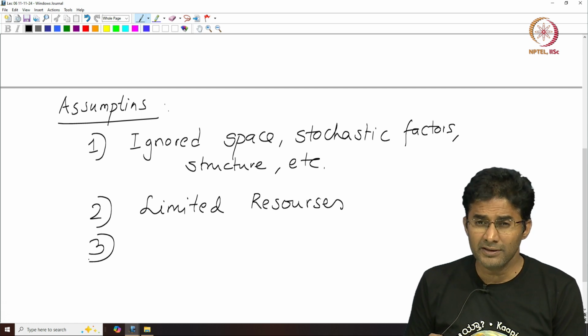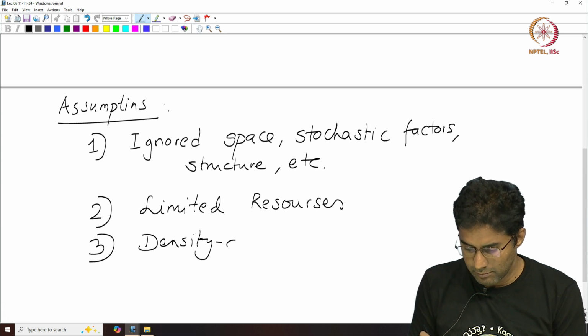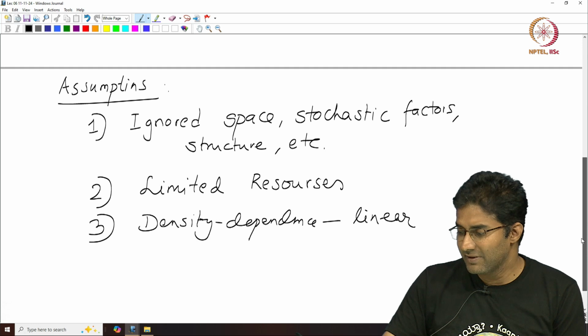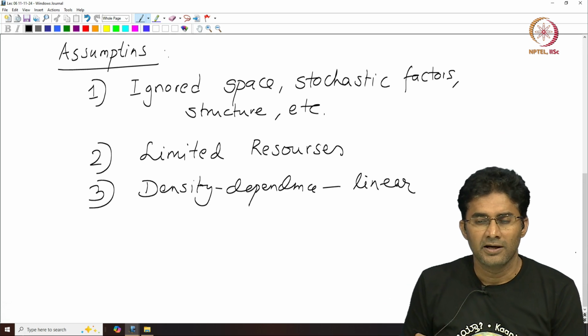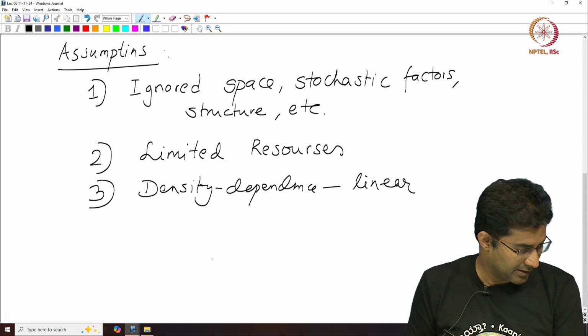And we are assuming that the density dependence is linear, right, which is why we just had simple linear terms that influence the growth rates as a function of both the species, right.